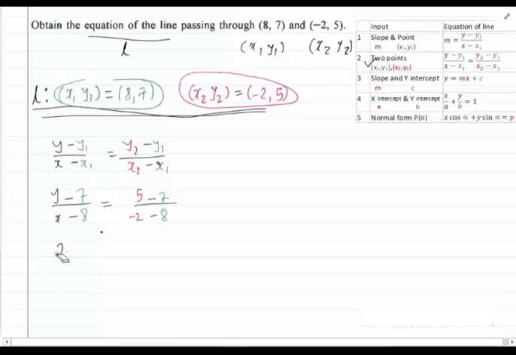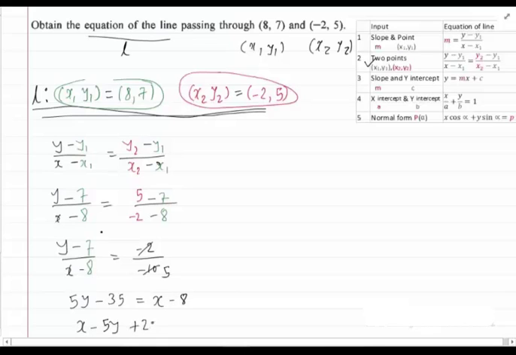So let's simplify this. (y - 7)/(x - 8) stays as it is, 5 minus 7 will be -2, and -2 minus 8 becomes -10, or we can say 1/5. To get the final answer, let's cross multiply. So we will get 5y - 35 is equal to x - 8, or we can say x - 5y + 27 = 0 is the required equation of line.